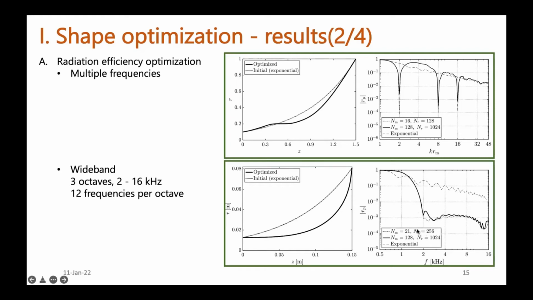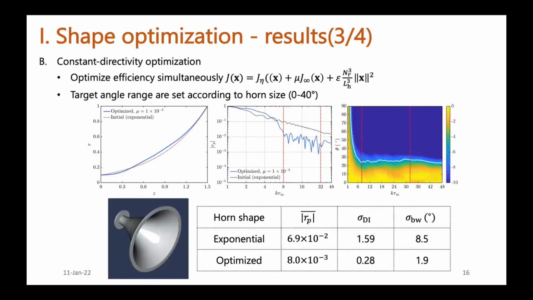If we verify this result, it remains almost the same. This horn is also validated through experiment, but the result isn't given here. And the second case is a constant directivity optimization.